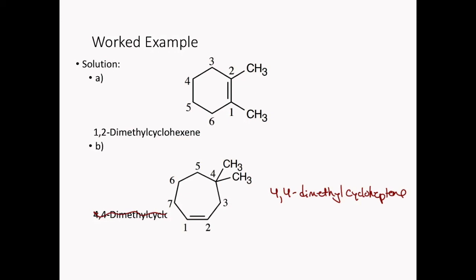And then you would number in the direction starting at one of the carbon-carbon double bond carbons, such that the substituents arrive at the lowest possible number. So that would be the numbering shown here. If instead I had numbered in the other direction, 1, 2, 3, 4, 5, 6, those 2 methyls would have been located at a higher number.